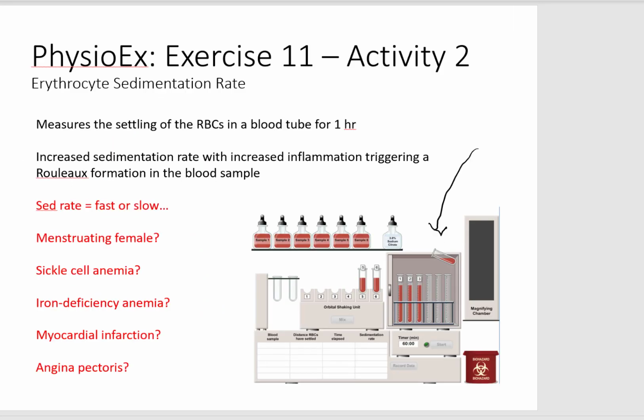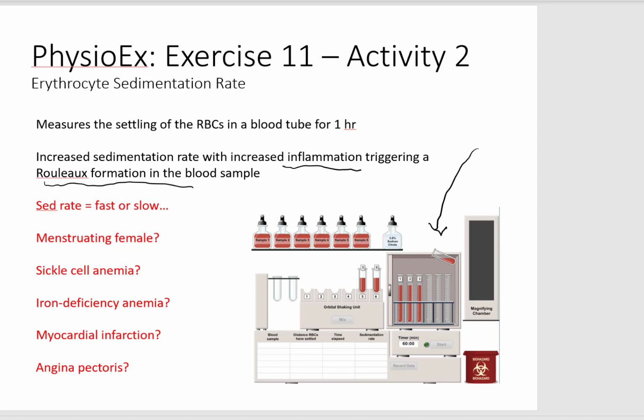And now let's go through our data. Now that we have an idea of what a SED rate looks like, the Rouleaux formation, what can trigger the Rouleaux formation: inflammatory issues where tissues are under distress, and those inflammatory proteins cause red blood cells to link together.